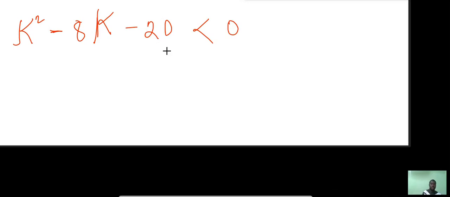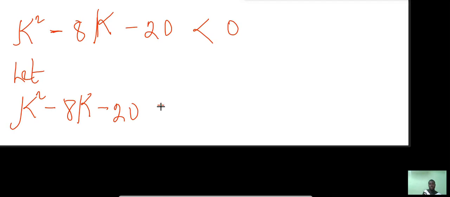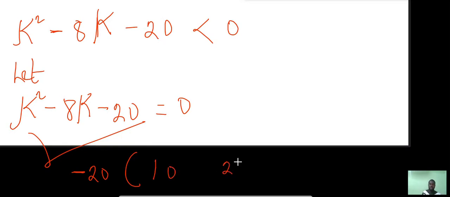So first I need to ignore the inequality by saying let k squared minus 8k minus 20 equals 0. I can quickly carry out factorization. I'm not going to teach factorization here. 10 times 2 is 20, I need negative 20, so 2 and minus 10: 2 times minus 10 is negative 20, and 2 minus 10 is minus 8.